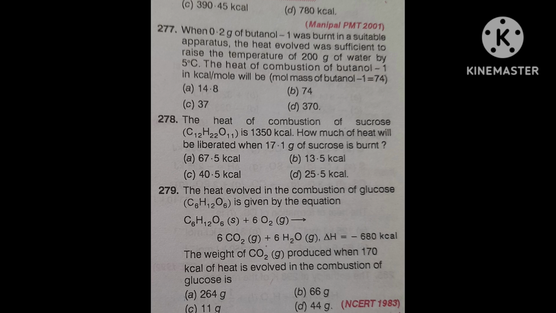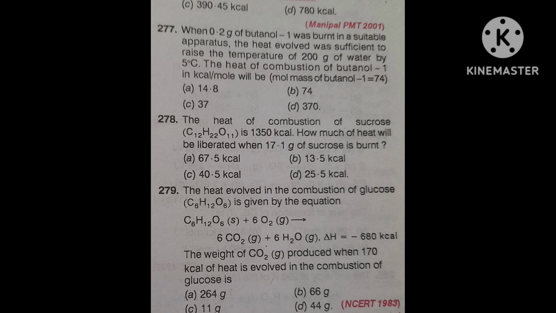How much heat evolved? That was 200 into 5. The mass is 200, and you multiply it by the temperature rise, 5 degrees. By the specific heat formula, for 1 gram, 1 degree is considered.